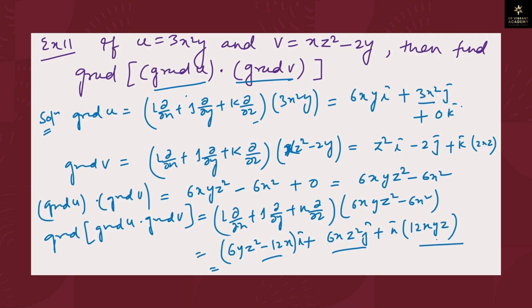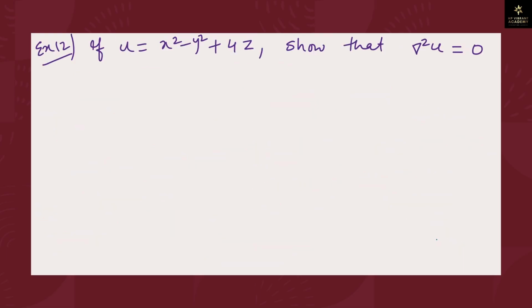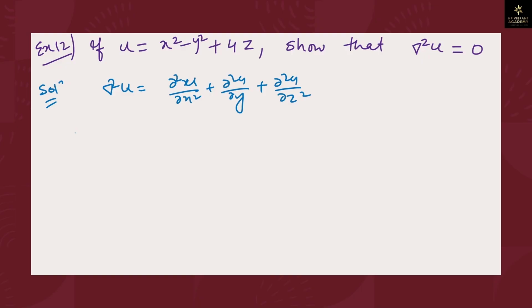Okay, let us discuss question number 12. How we can solve this? So we have del square u. Del square u is equal to del 2 u upon del x square plus del 2 u upon del y square plus del 2 u upon del z square. Okay, so we have del u upon del x as 2x and del 2 u upon del x square is equal to 2.